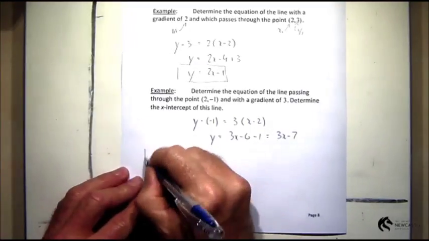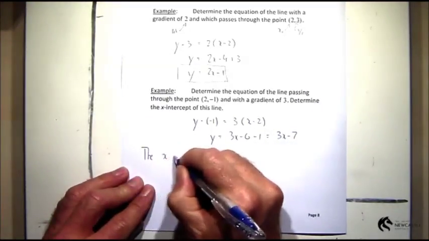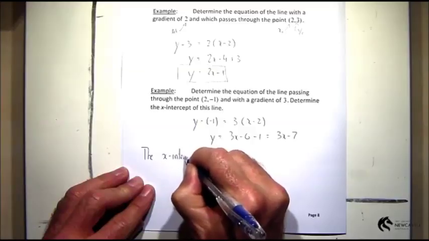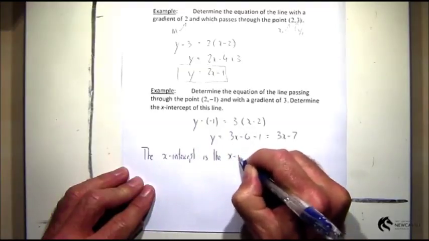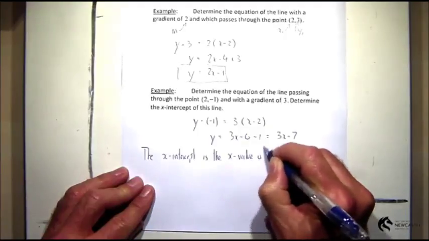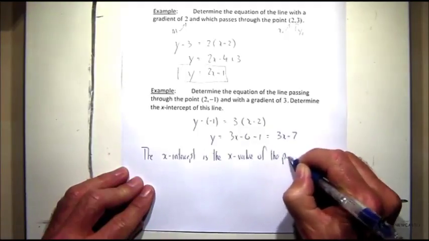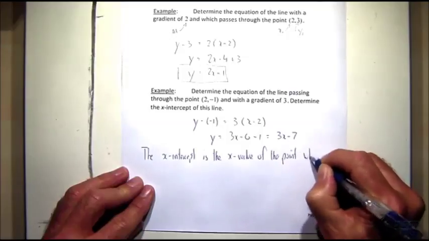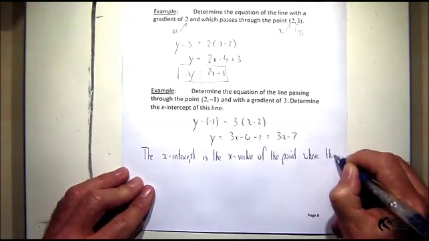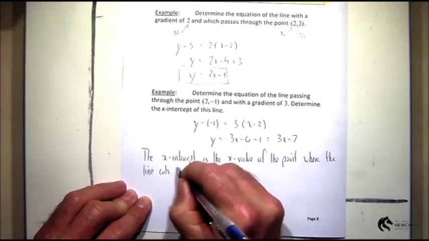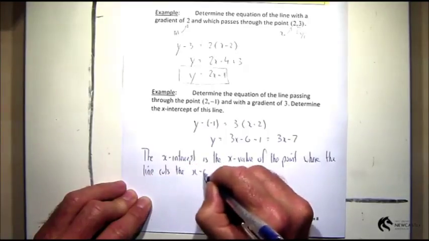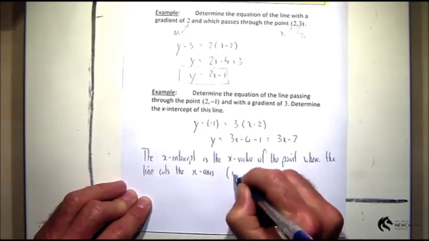So the x-intercept is the x value of the point where the line cuts the x-axis.